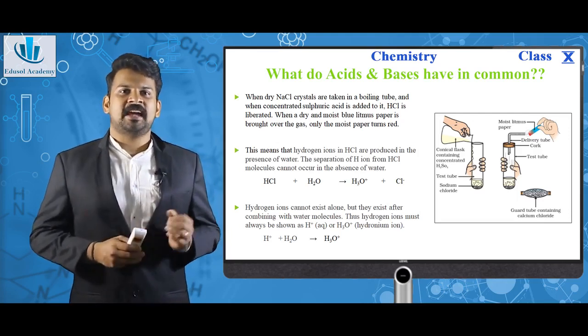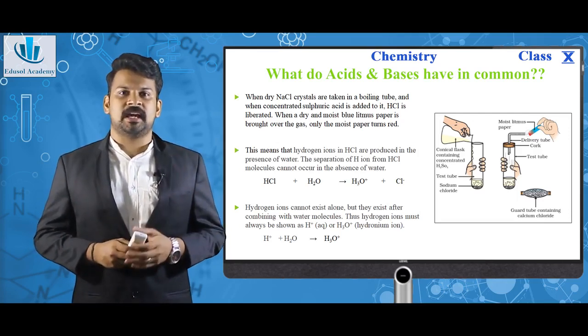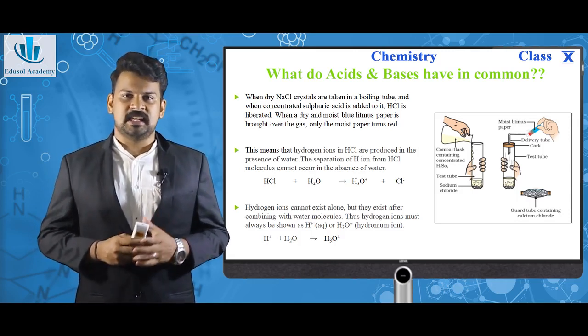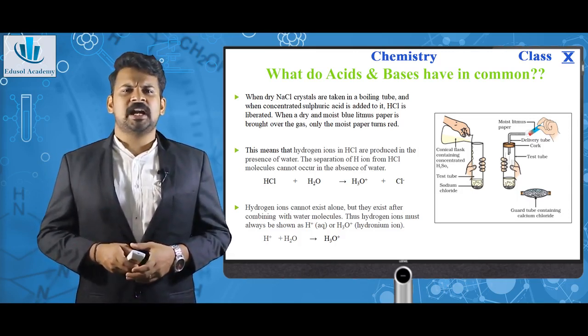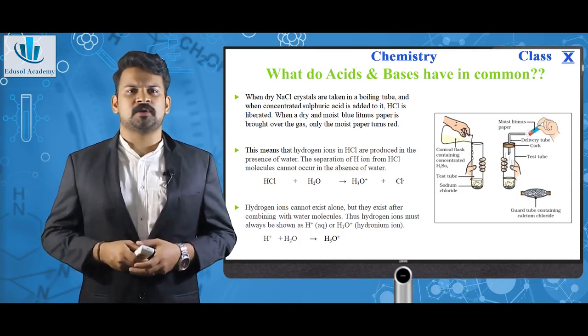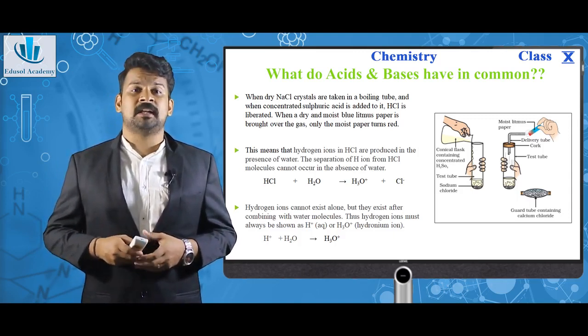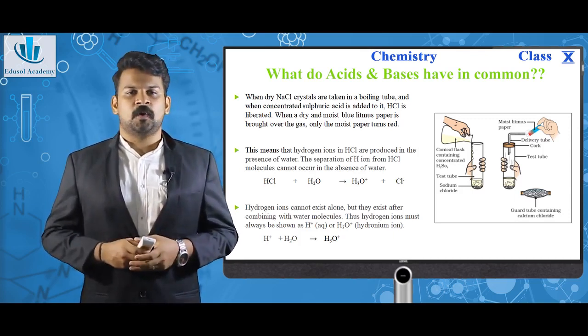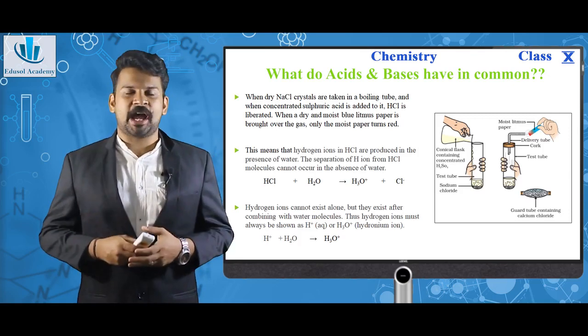As you can see here, HCl plus H2O gives H3O plus, which is called the hydronium ion, plus Cl minus. Hydrogen ions, which means the H plus ions, cannot exist alone, but they can exist after combining with water, in H plus aqueous state or in H3O plus hydronium state.